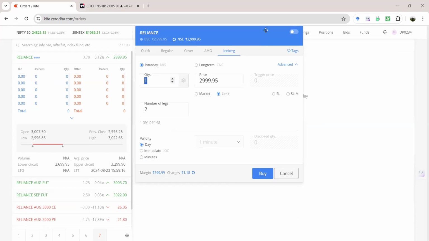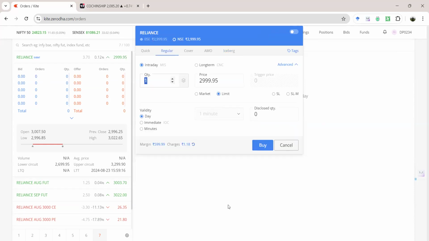One question, sir. If you go in regular order, there is an option written below. Market, limit, and stop loss. There was an option before, written that you can place stop loss order before placing orders.